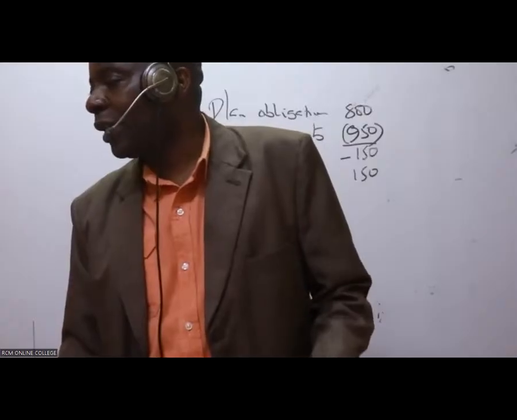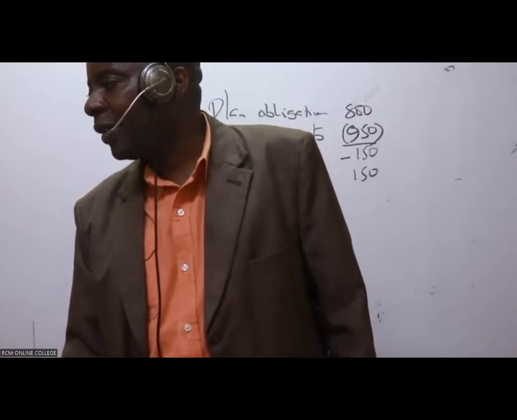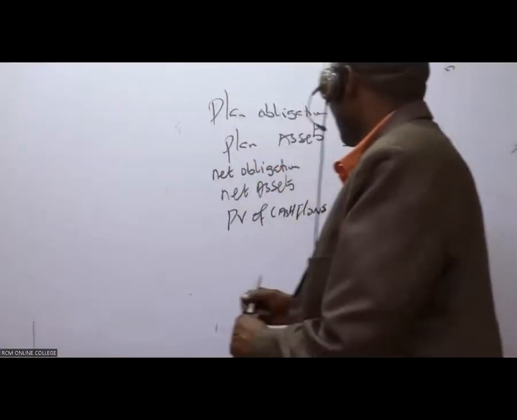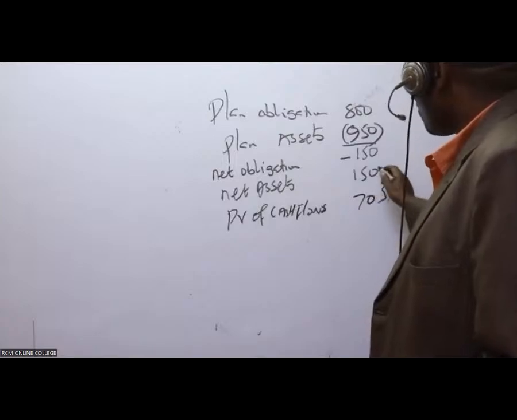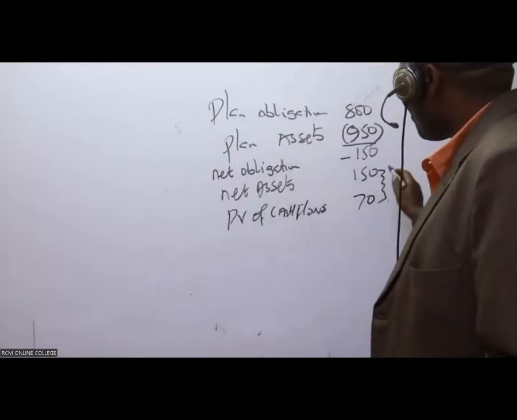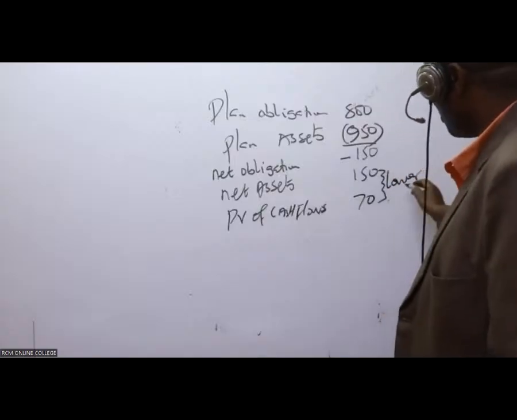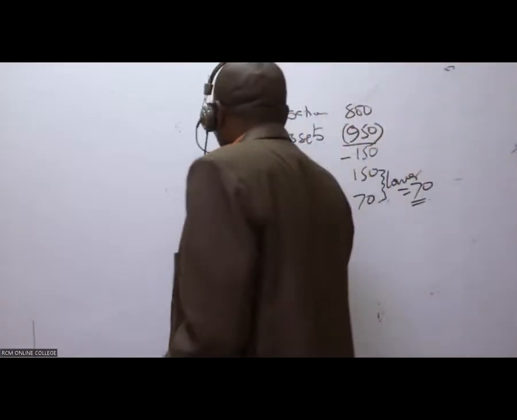The present value of future cash flows is 70. So in this case, 70, and then you compare the two. To get the ceiling, you compare the two and always pick the lower. So the lower here is 70.